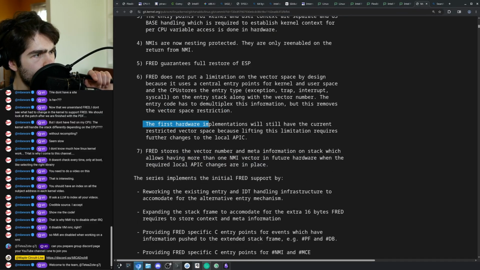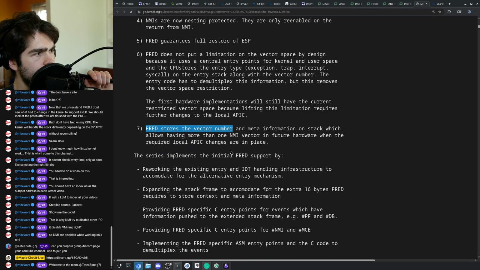The first hardware implementation will still have the current restricted vector space because lifting this limitation requires further change to the local APIC. FRED stores the vector number and meta information on the stack, which allows having more than one NMI vector in future hardware when the required local APIC changes are in place.